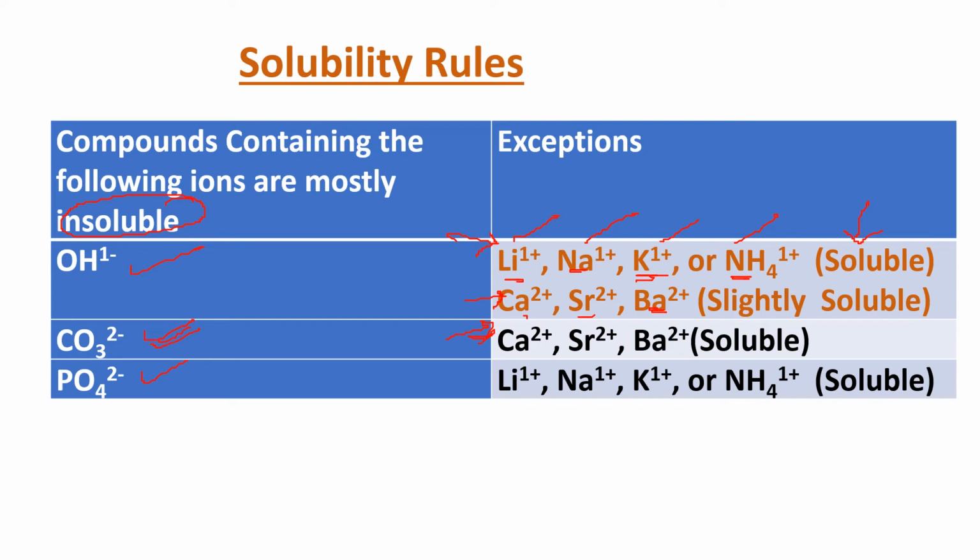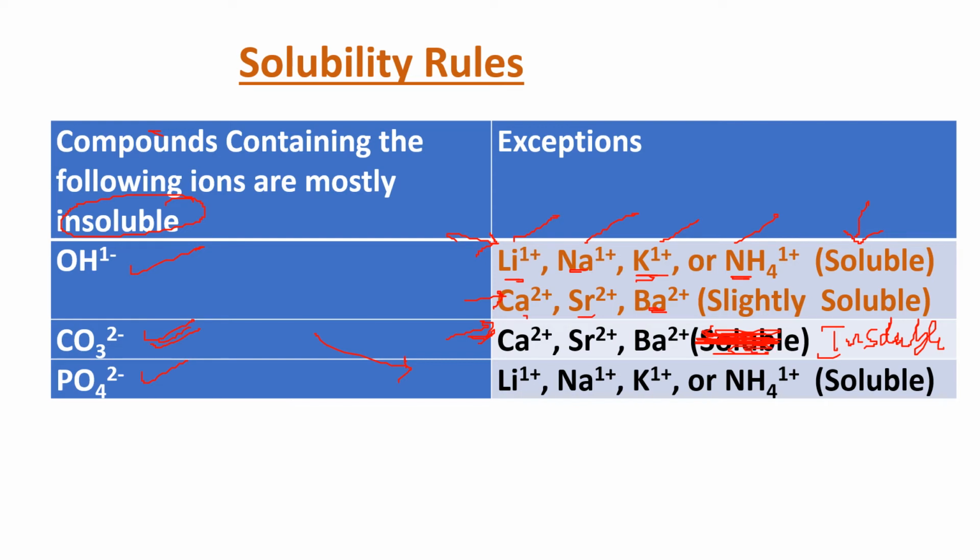Carbonate ions are insoluble, but these are the exceptions. If the ions contain calcium, strontium and barium, they are insoluble. Are there any exceptions here? Yes, these are the exceptions: lithium, sodium, potassium and ammonium.